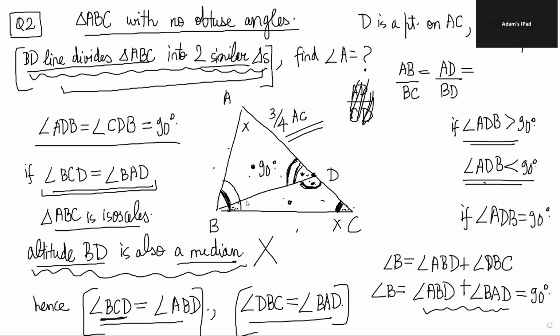And finally, DBC and BAD. So it will be BD in the big triangle, and in the small triangle, it will be CD, right? This is the thing that comes from similarity. We already know AD is. So from here, what can we say?